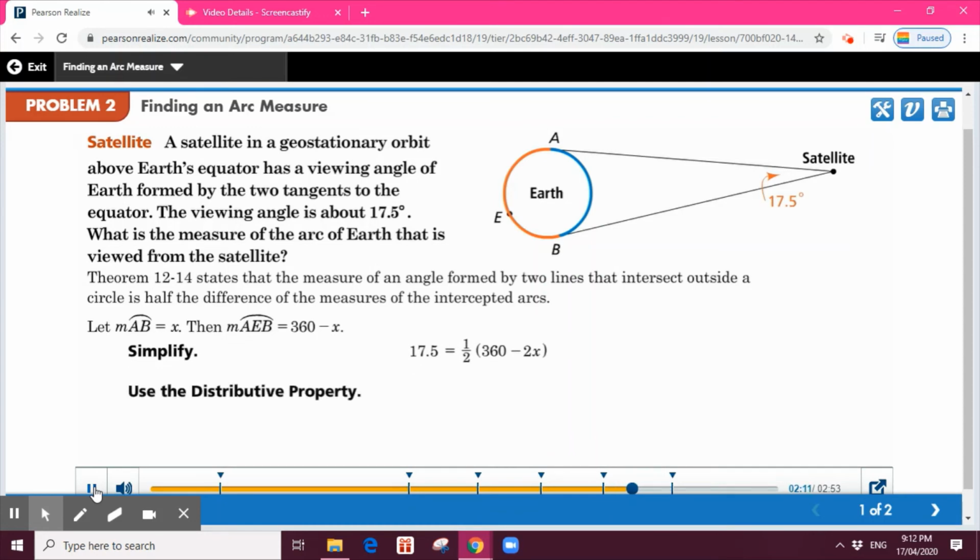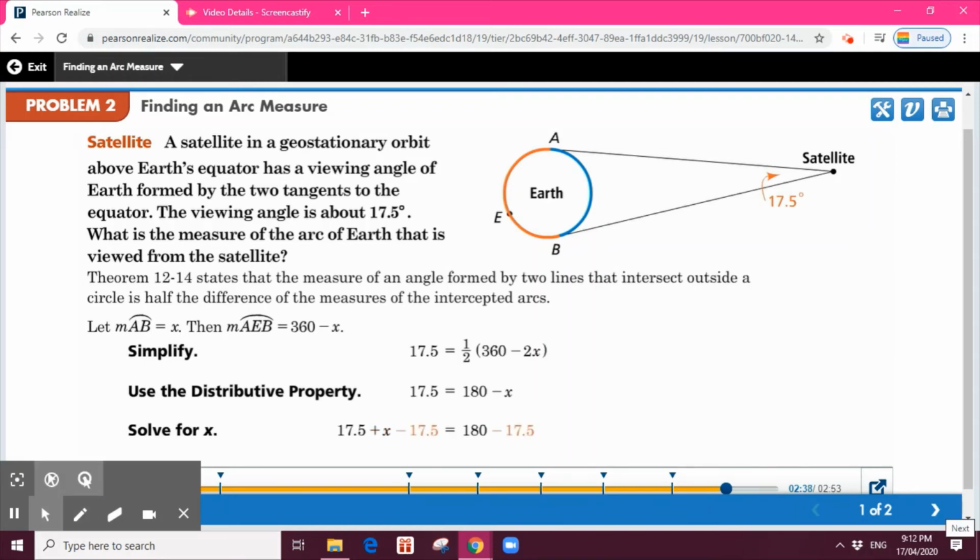Use the distributive property. Now solve for x. A 162 5/10 degree arc can be viewed from the satellite.